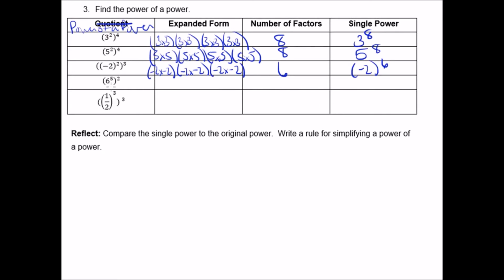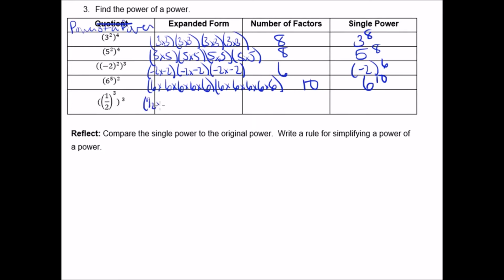Okay, let's write 6 to the 5 twice. 1, 2, 3, 4, 5. Let's write it again. 1, 2, 3, 4, 5. So we actually wrote 6 10 times. So that becomes 6 to the 10. Okay, and now let's write 1/2 to the 3rd, but 3 times.